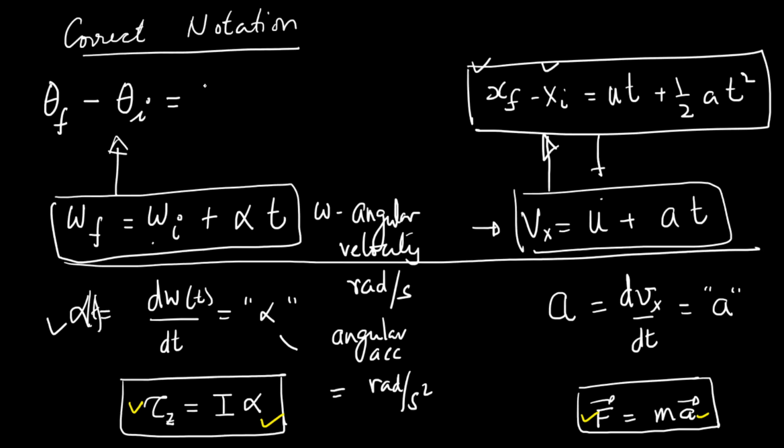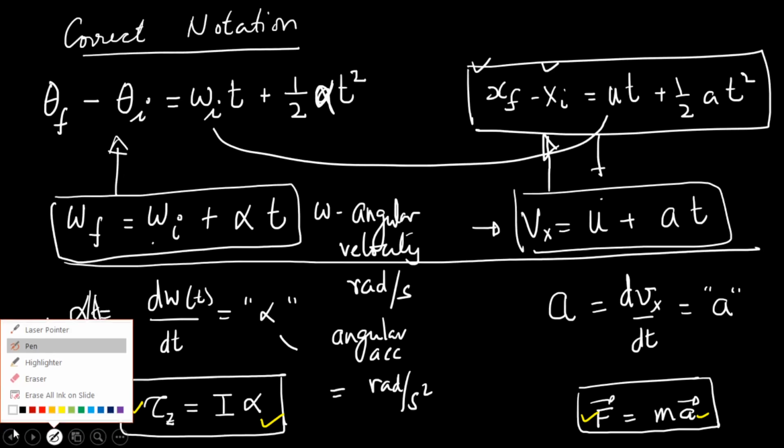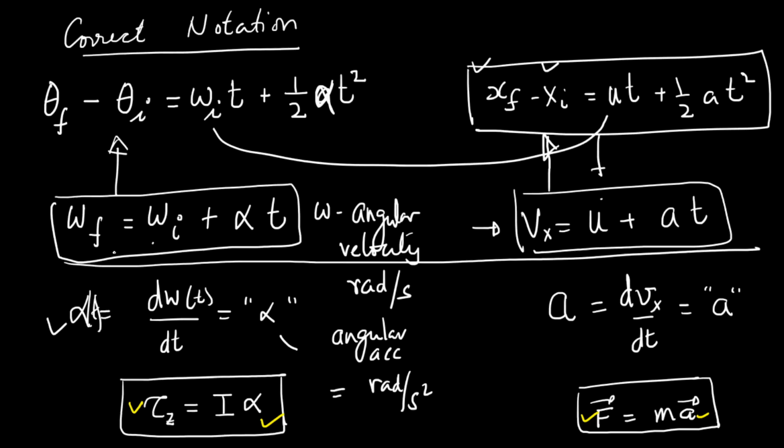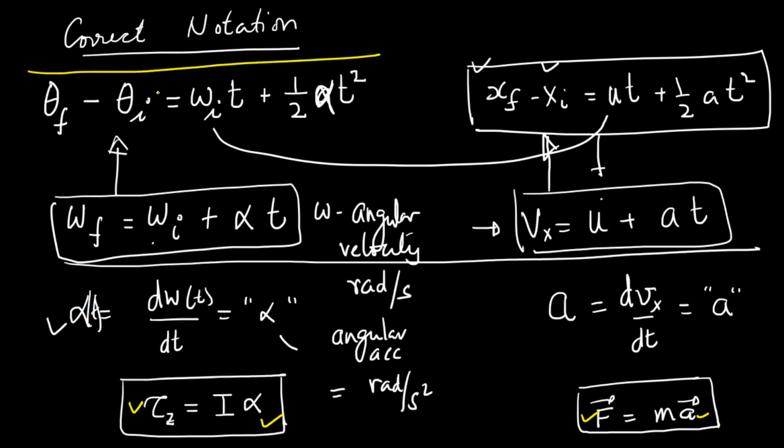Now this is equal to omega initial times t, because omega initial corresponds to u, plus half alpha t square. Oh, there you go. Horrible mistake. Alpha t square. How could I miss this? Plus half alpha t square, and all of this is true for the same reason that if you differentiate this, you will get this.